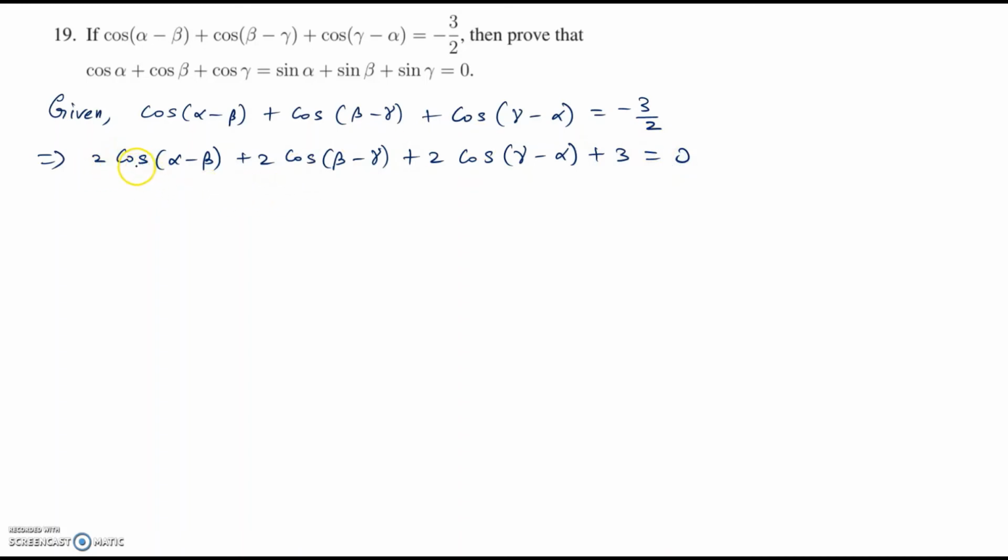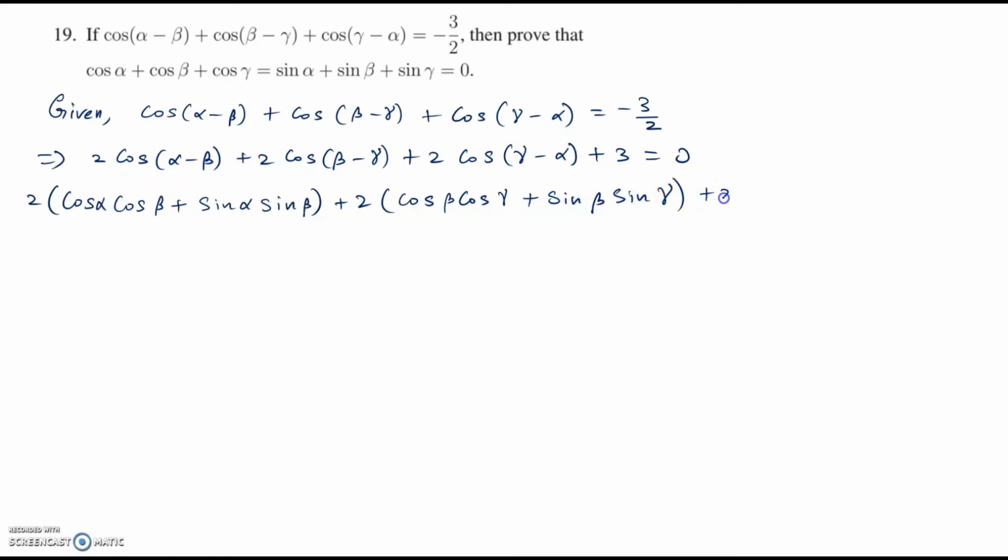Now let's expand cos(alpha minus beta). So 2 times (cos alpha cos beta plus sin alpha sin beta) plus again 2 outside (cos beta cos gamma plus sin beta sin gamma) plus 2 times cos(gamma minus alpha), which will be (cos gamma cos alpha plus sin gamma sin alpha).